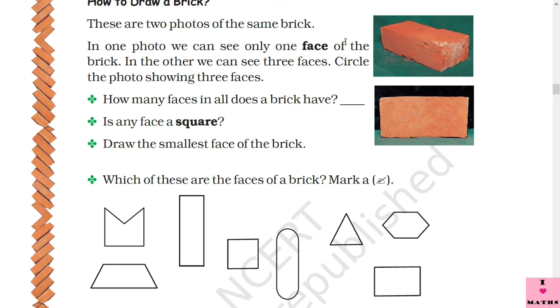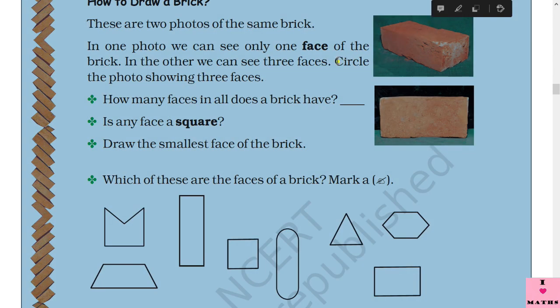I'm sure everybody has seen bricks. Bricks are cuboidal in shape. For drawing a brick, you need to draw two rectangles, and after drawing two rectangles, you need to join their vertices.